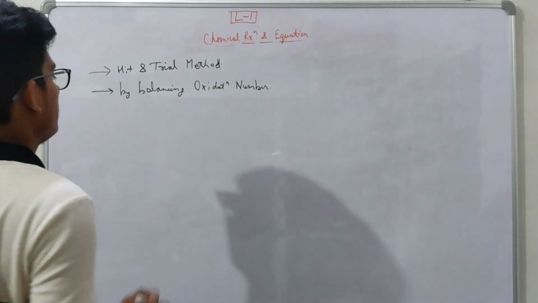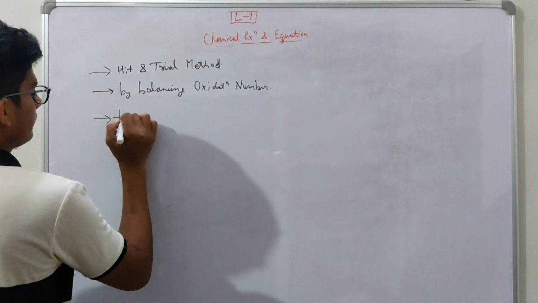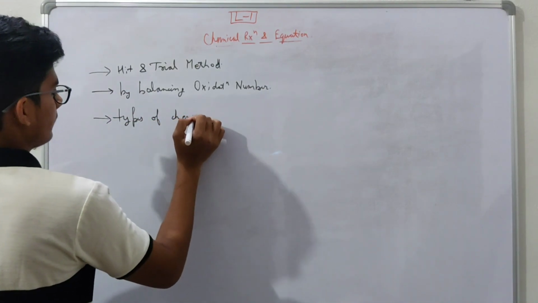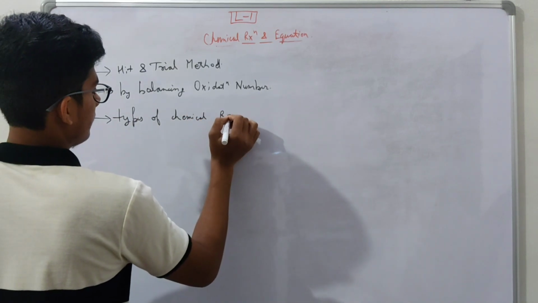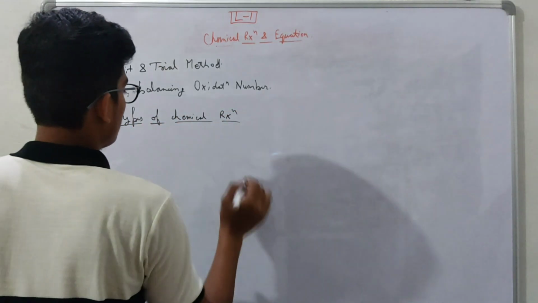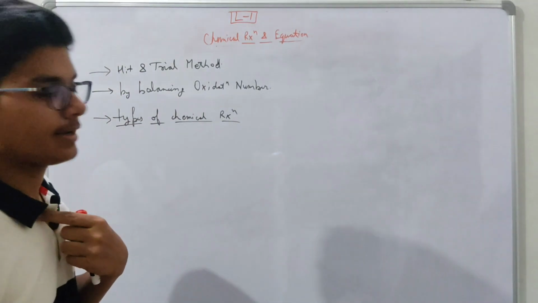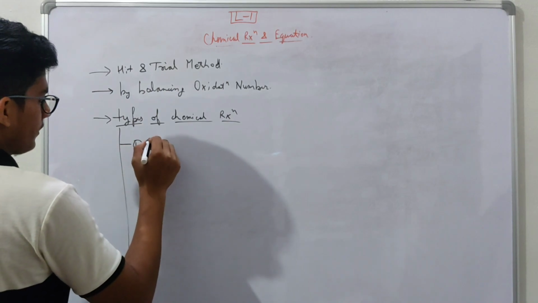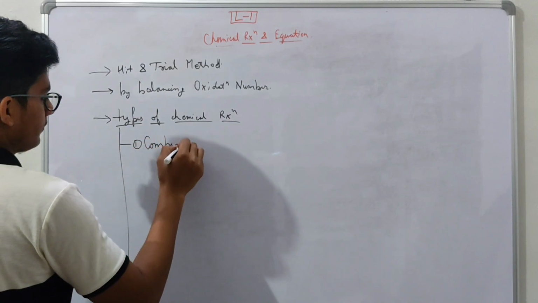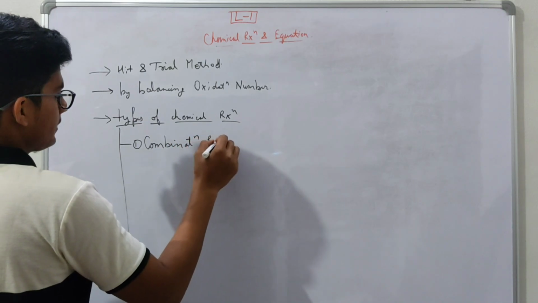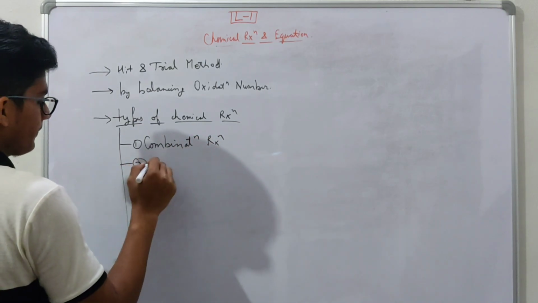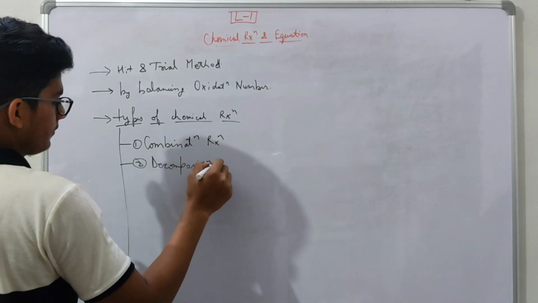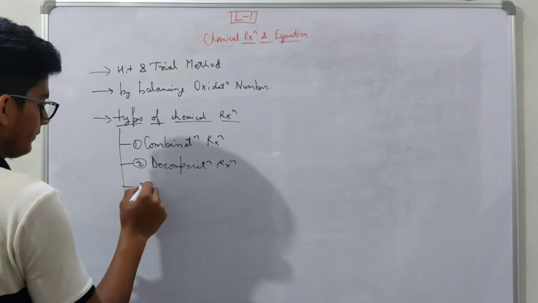Now I am going to discuss types of chemical reaction. So there are many types of chemical reaction. We will classify them. Number one is combination reaction. Number two is decomposition reaction.